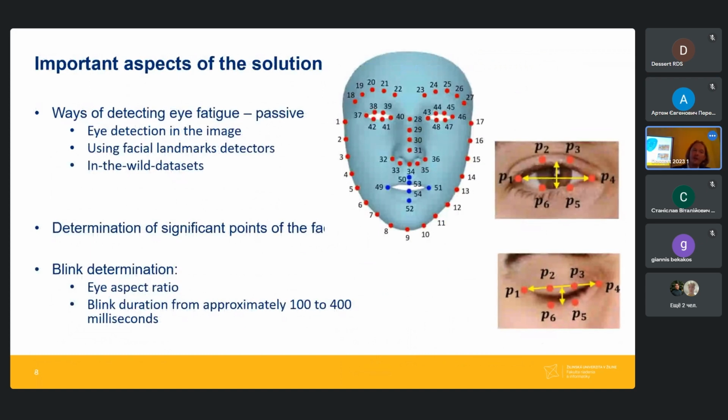Important aspects are the ways of detecting eye fatigue. Eye detection in the image is done using facial landmark detectors. Next is the determination of significant points of the face, and blink determination using the eye aspect ratio or blinking duration, from approximately 100 to 400 milliseconds.